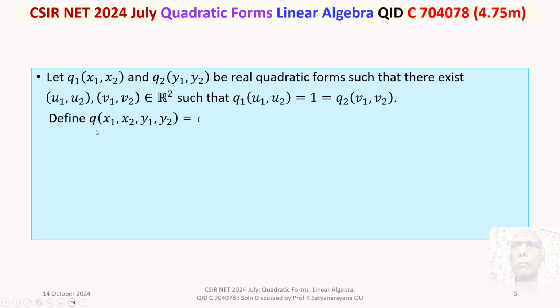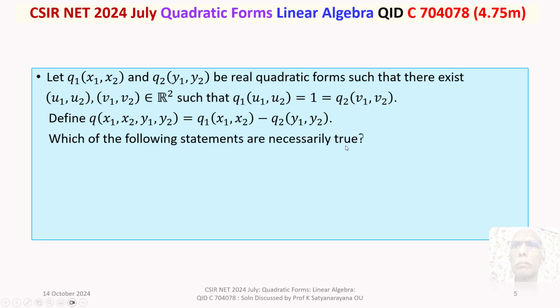Define Q of the 4-tuple (x1, x2, y1, y2) as Q1 of (x1, x2) minus Q2 of (y1, y2). Which of the following statements are necessarily true?